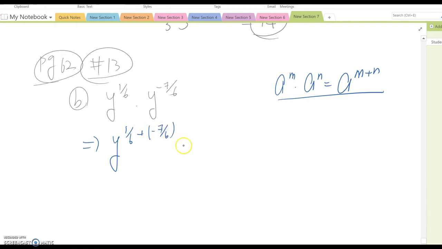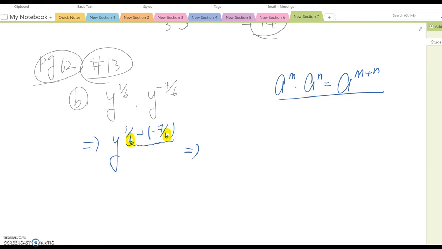Now, even though it is in the exponent position, it is addition of fractions. When you add two fractions, the condition is the denominator must be equal to each other. Fortunately, there are already 6 and 6 here.